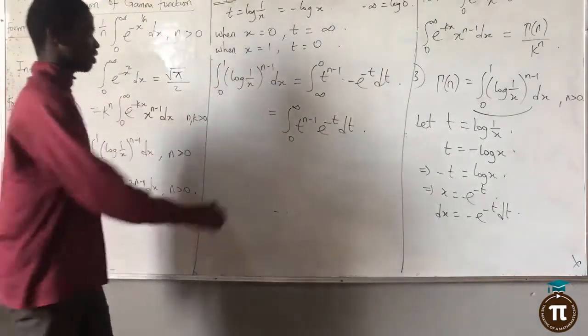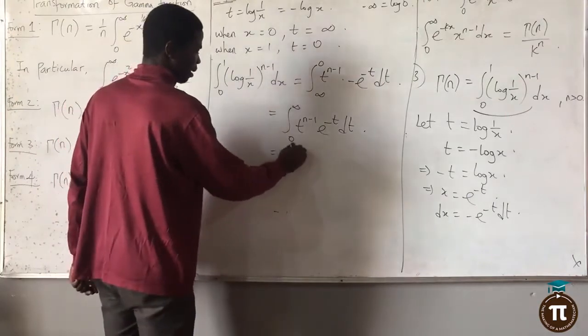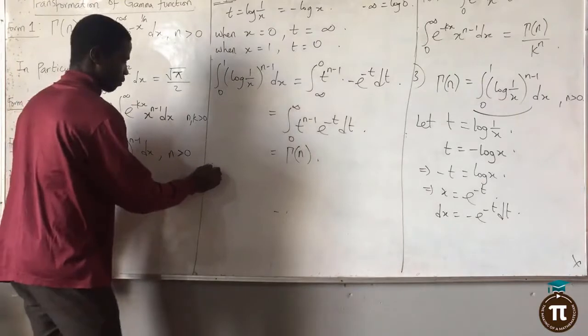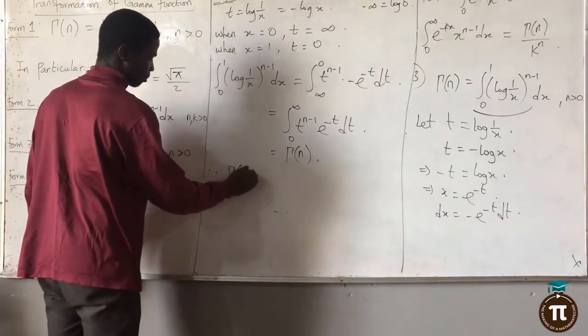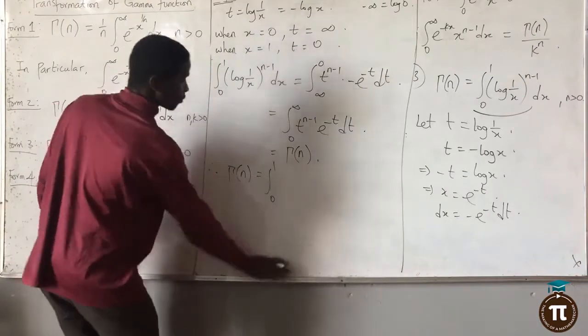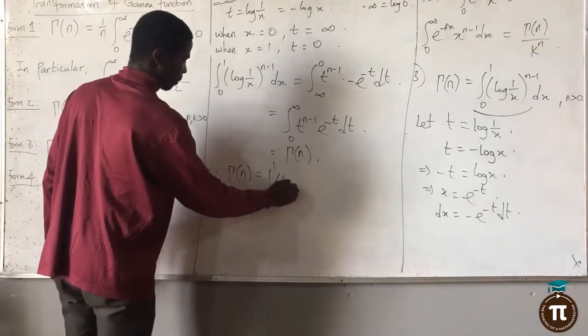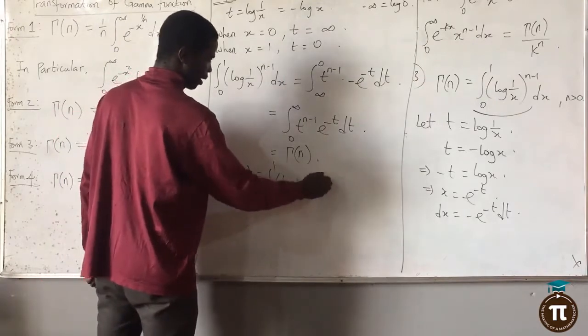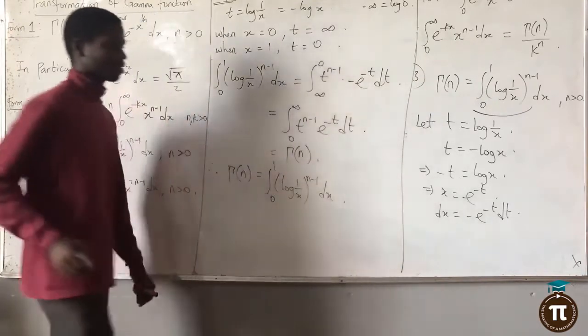And this one is exactly the gamma of n. And we are true. So that means, therefore, gamma of n is equal to integral from 0 to 1 of log 1 over s raised to the power of n minus 1 ds.